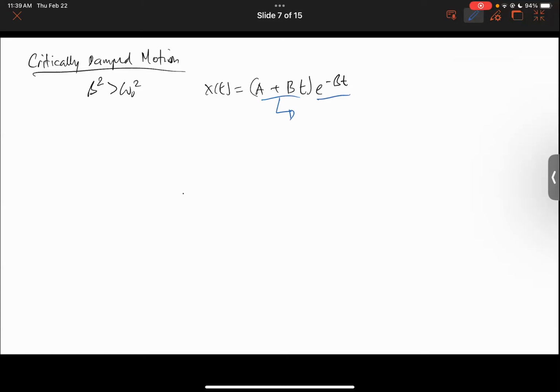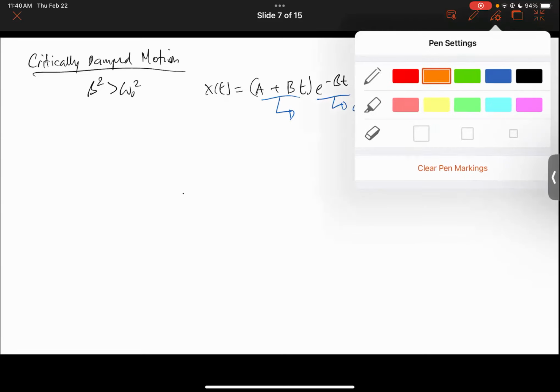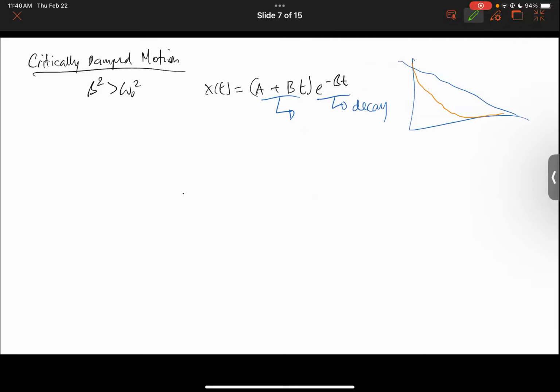And this is the decay term. So if you graph the linear term and multiply it by a function that is decaying, like an exponential, what happens is something like this.